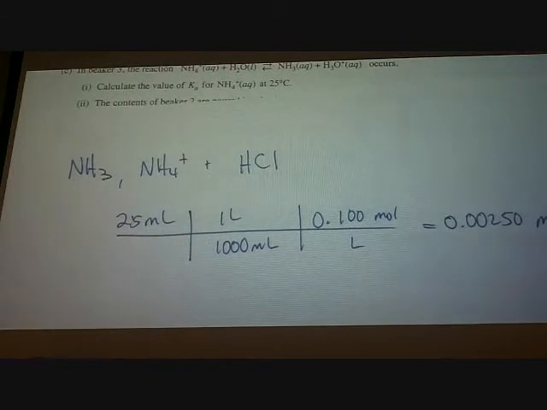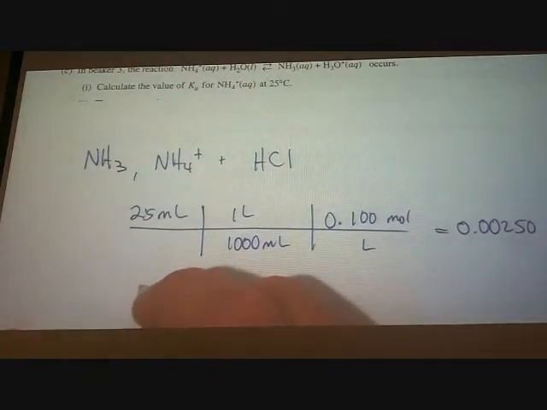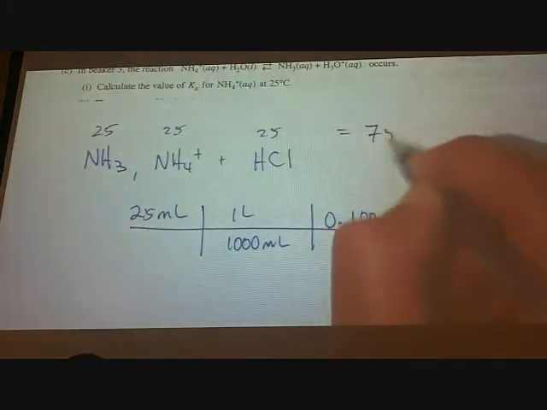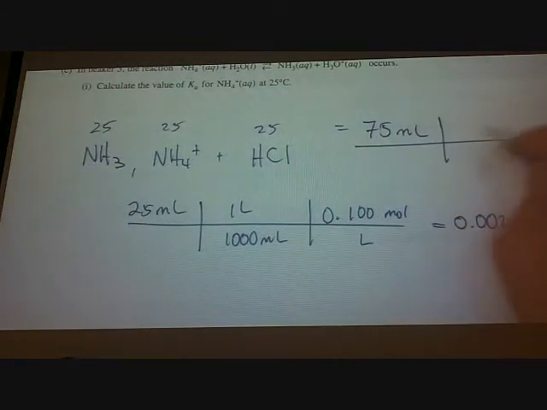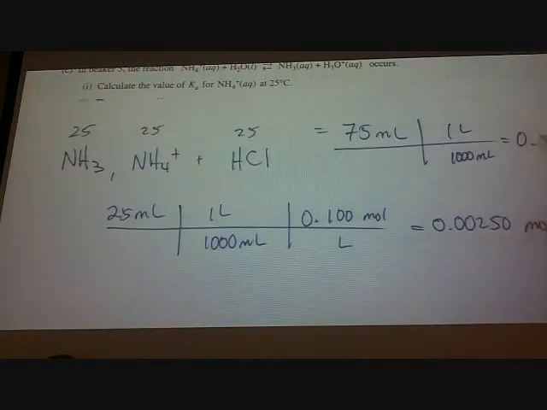Okay. So they each have 0.0025 moles. And what's our total volume here? Oh, no. We have 25 of that, 25 of that, 25 of that. 75 milliliters. Okay. So that equals 0.075 liters.